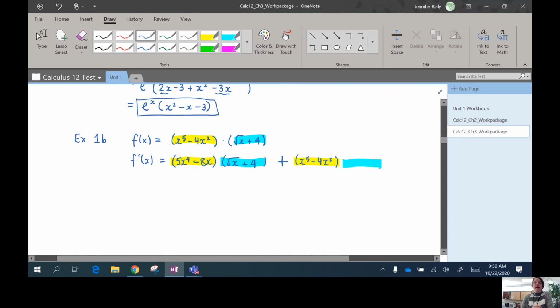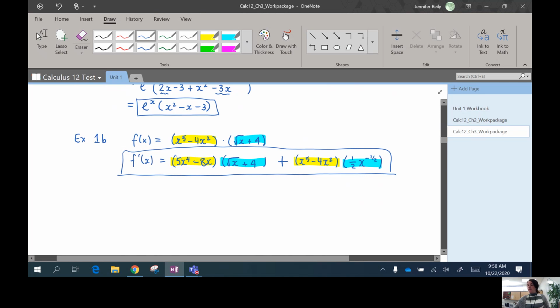And remember, for square root of x, it's x to the power of a half. So we're going to use the power rule. The half would come down, and you reduce the power by 1, so it'd be negative half. And the derivative of 4 is a constant, so it would be just 0, so you can just leave it out. And that's your product rule. So that would be the answer. I wouldn't require you to simplify any further than that.